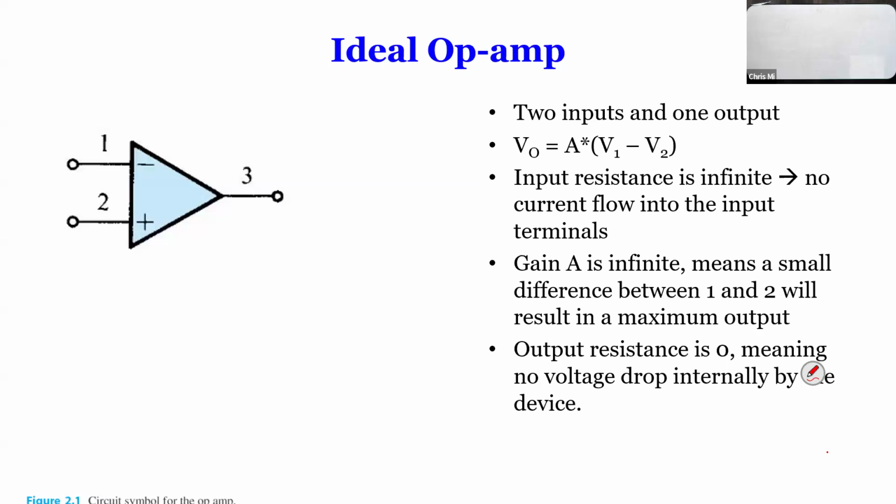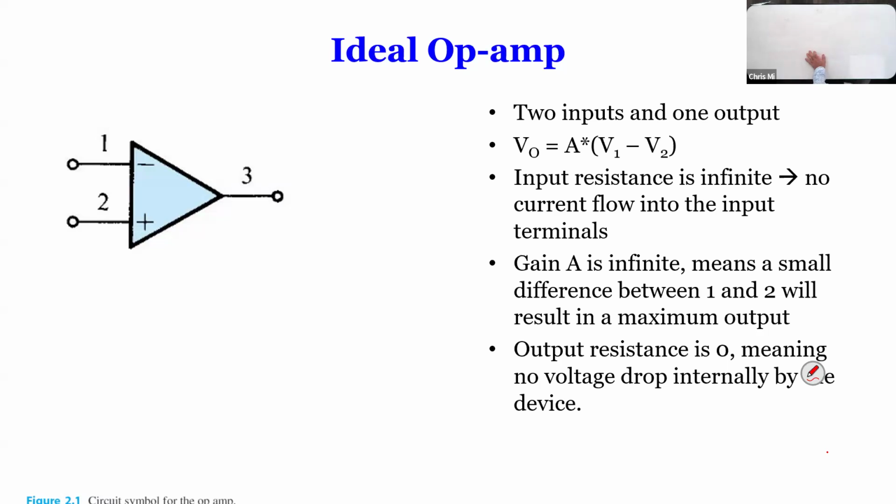And the second point is A is infinity. The gain is infinity. So in the second bullet, I said VO, the output at 3, is A times (V1 minus V2). Now, coming back to here, if A is infinity, what does it mean? Let's say at output 3 you have some voltage, 2 volts, for example.